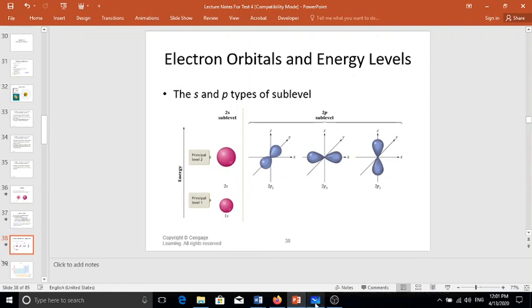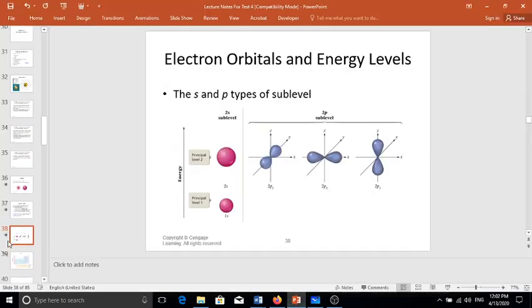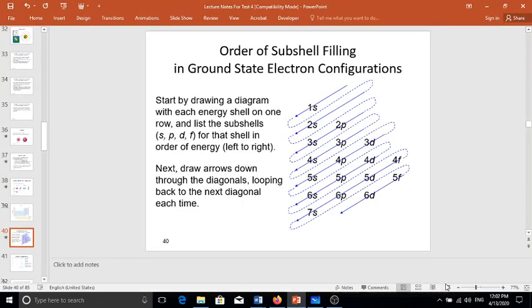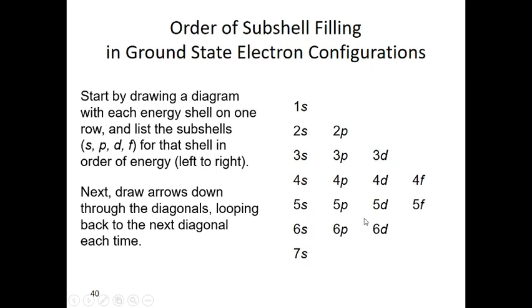Now, having said all of this, let's go back to what we have discussed so far. When you look at this map, each row is one principal level, and each principal level has been split into one or multiple sublevels.